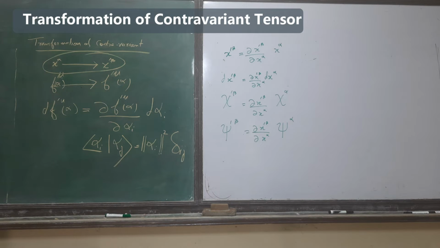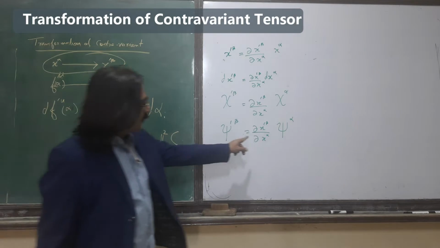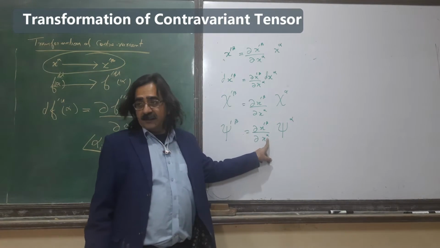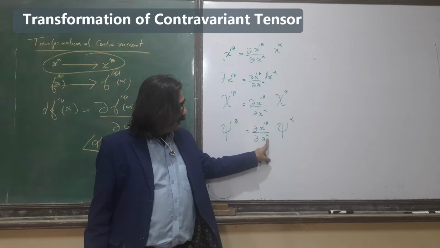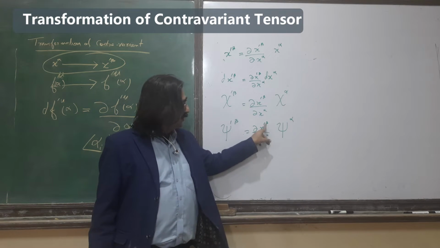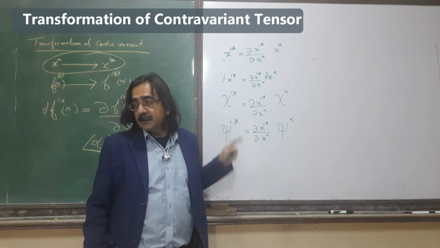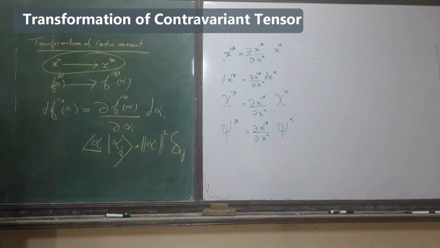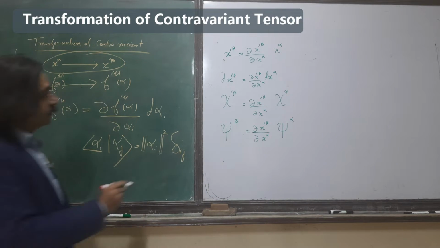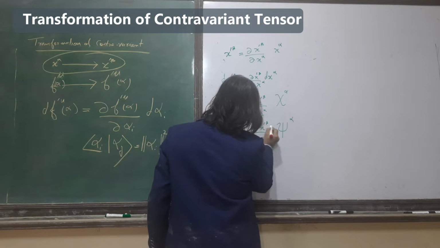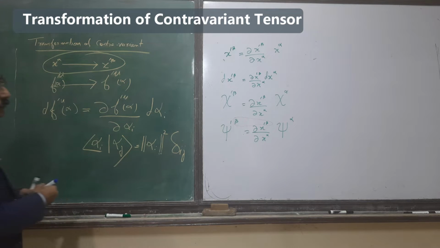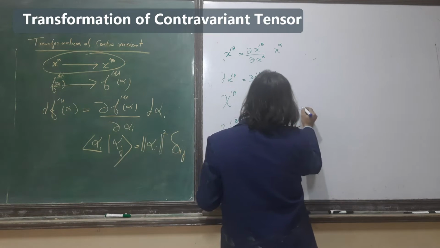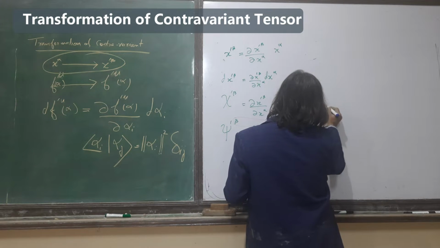Now I think it is simple. So this is contracting with this. These are the dummy indices and these are the free indices.